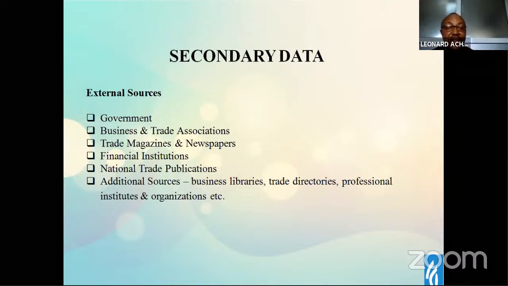We also have national trade publications, business libraries, trade directories, professional institutes like I mentioned, ICAN and stockbrokers, other associations. All the information that you gather from such places concerning your business or marketing is termed secondary data collection.